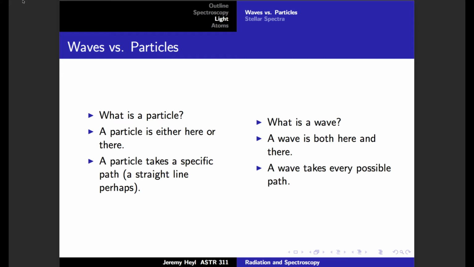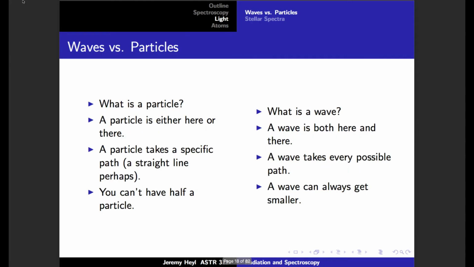So if I were to speak to someone around the corner where I can't see, they would still hear me. The wave will go around the corner. Whereas if I were to throw a ball to someone around the corner, it would never get there, because the particle takes a particular path, whereas the wave can go around.